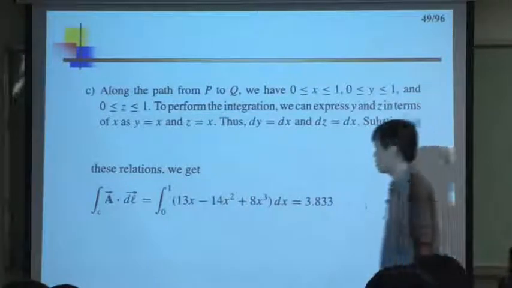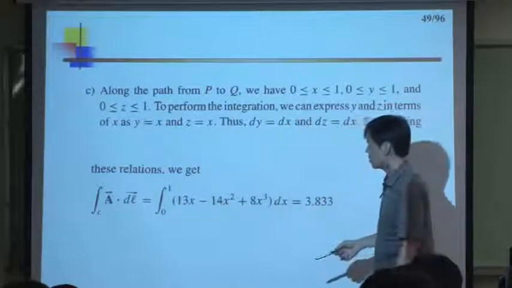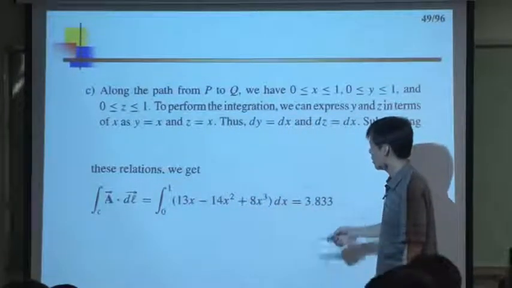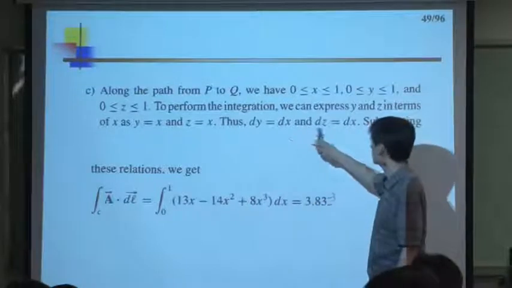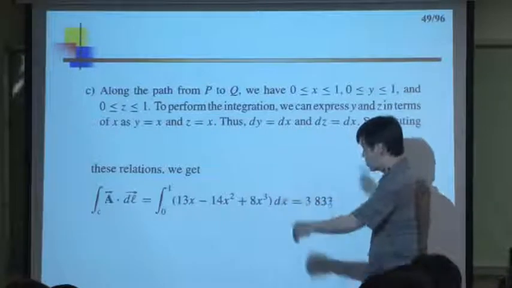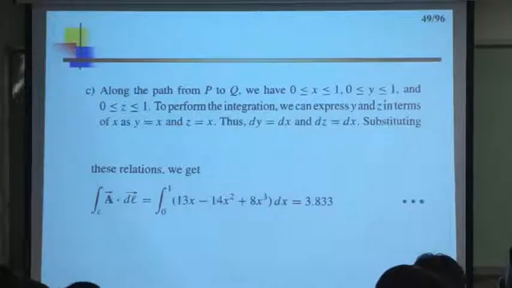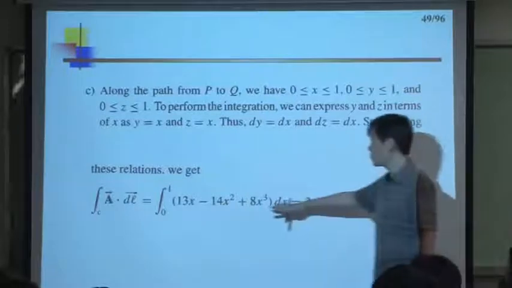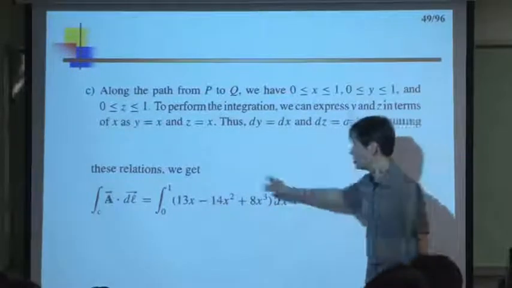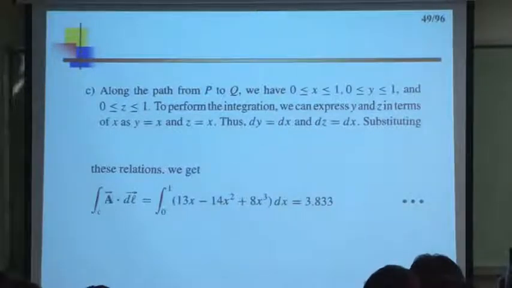So the A vector can be written in this way, and the dl has three components, but then you can do the dot product. Then you obtain this result. Then it is simple to do. Okay. It's time to wrap it up.